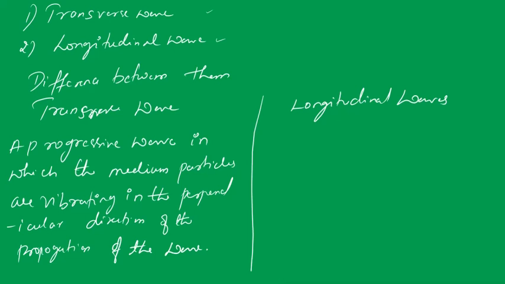Transverse wave: a progressive wave in which the medium particles are vibrating in the perpendicular direction to the propagation of the wave. So here you need to highlight that medium particles are vibrating in the perpendicular direction. Why?